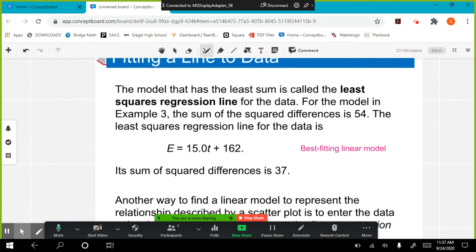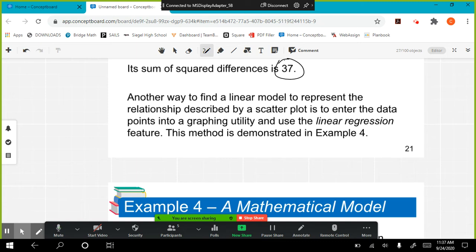And what they've done and what your calculator will do is they found that if they use 162 here, the sum of those squared differences is 37, and the lower that number is, the better fit the linear model is. Okay, but I'm not really concerned about that right now because we're going to use a calculator, and I just want you to be able to find the equation. So let's go on.